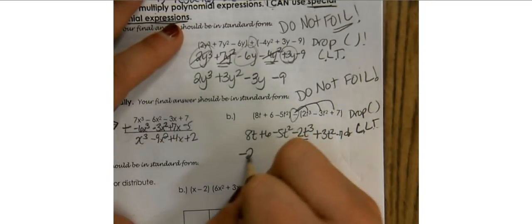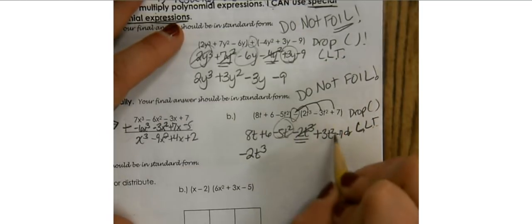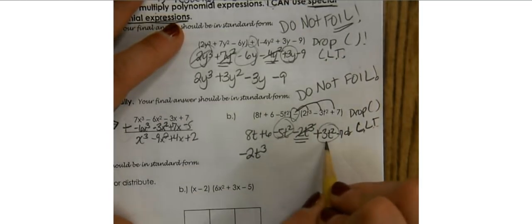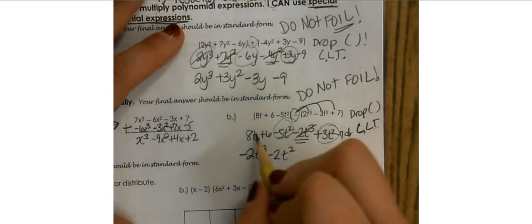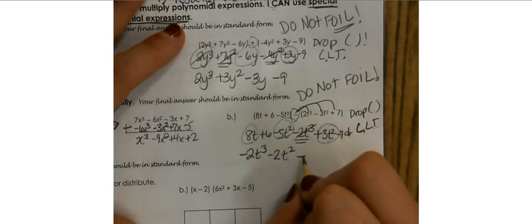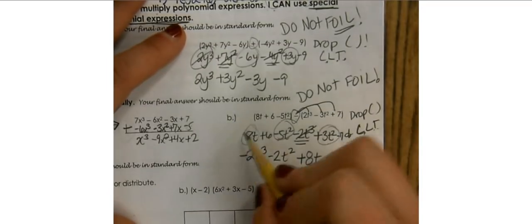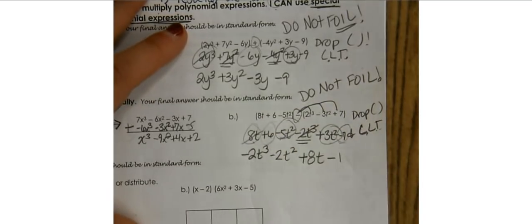So I'm going to write negative 2t cubed first, and then I'm going to combine my square terms. Negative 5 plus 3, that is minus 2t squared. Then there's no other 8t, so there's nothing for me to combine. So that's plus 8t. And then we have 6 minus 7, which is minus 1. And that is your answer.